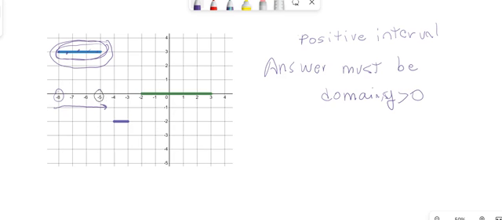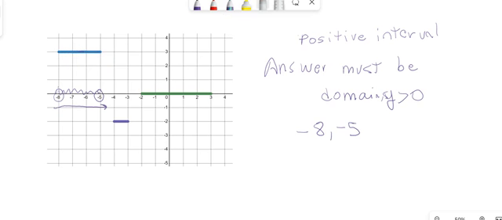From -8 to -5, I have positive values for y. So my positive interval will be -8, -5.